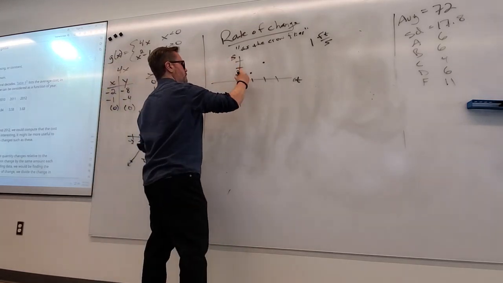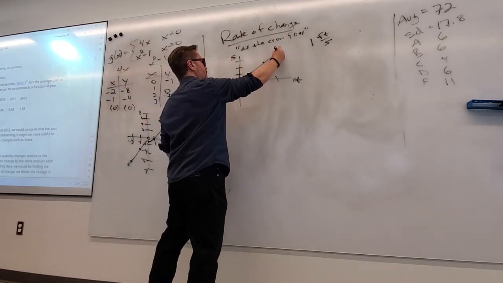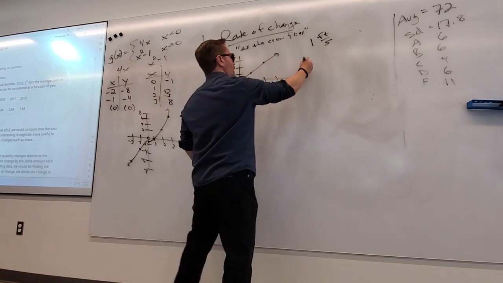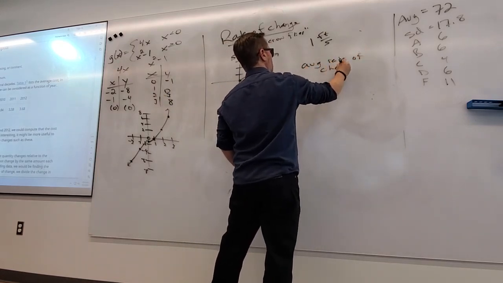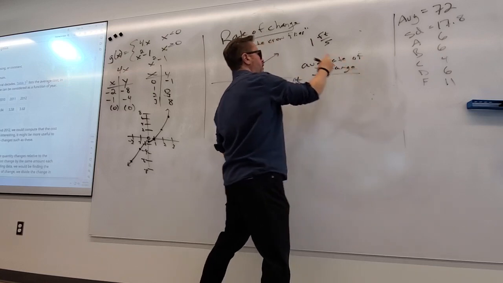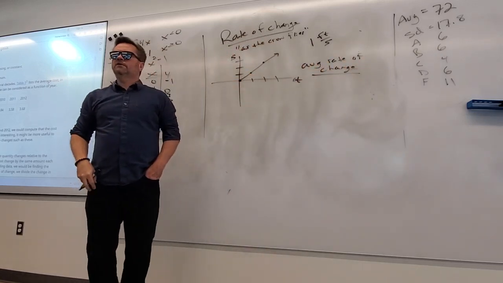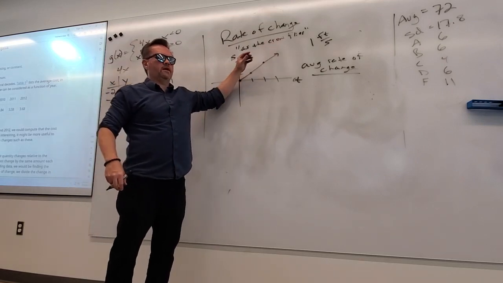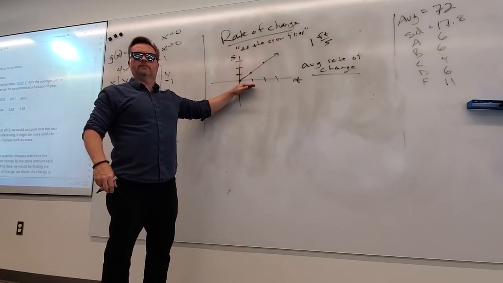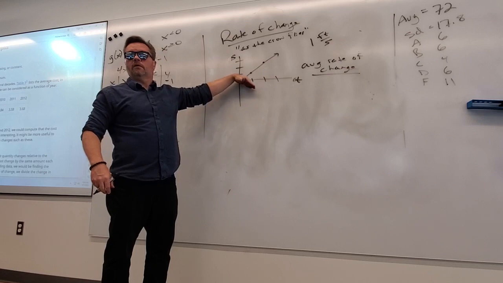This one's kind of a silly example because it's a linear function. We already know what the average rate of change is. For this function, how much does it go up over time? Every second it goes up 1 foot.